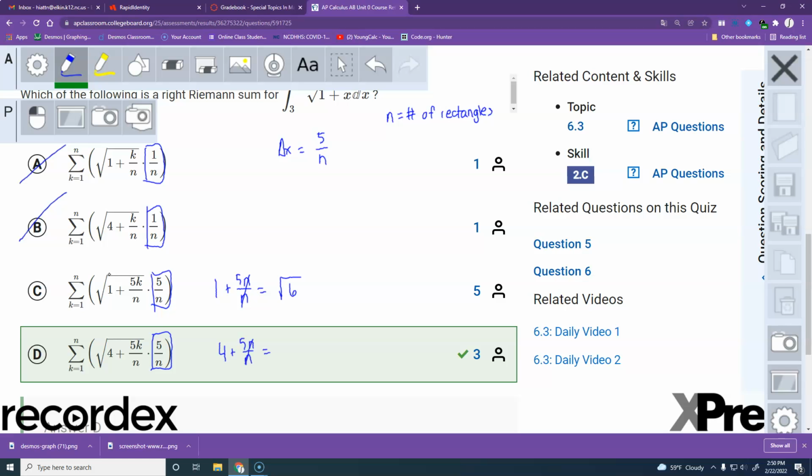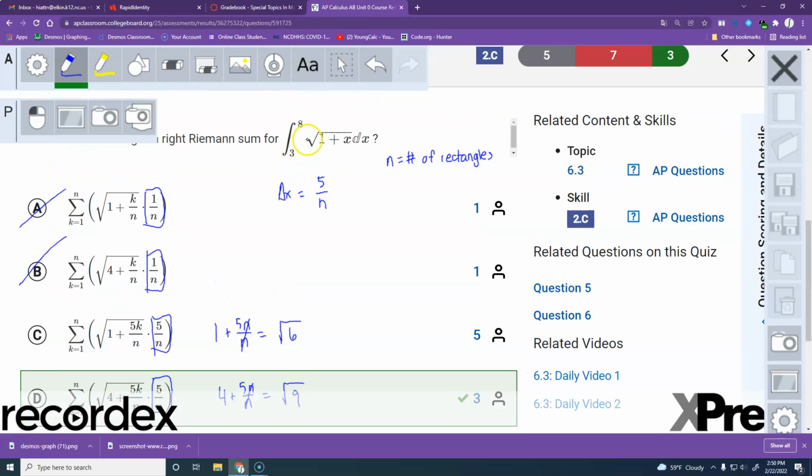Those cancel. You get square root of 9. We really want one of them to be 8. And neither one of them is 8. But it's because your equation is 1 plus x. So if you plugged in that 8 right there, you get 1 plus 8, which is 9. So D is the best answer. I'm not going to elaborate further.